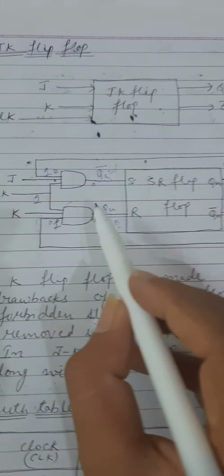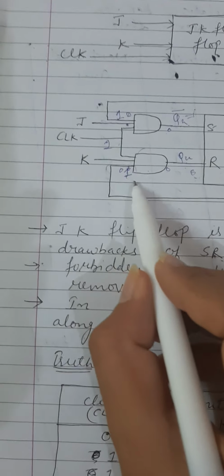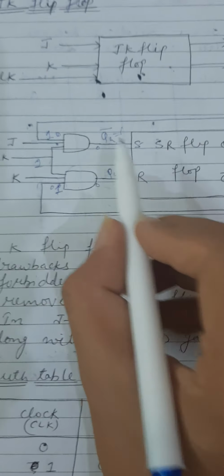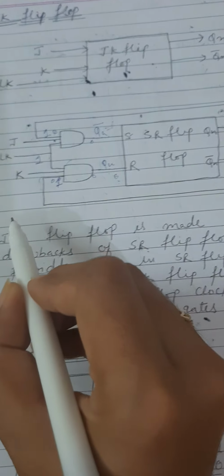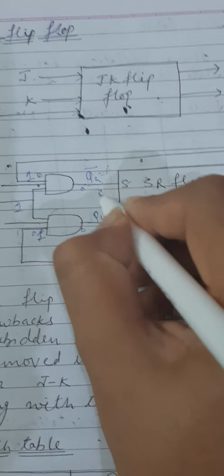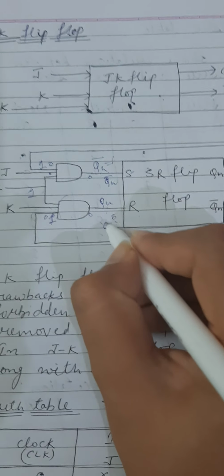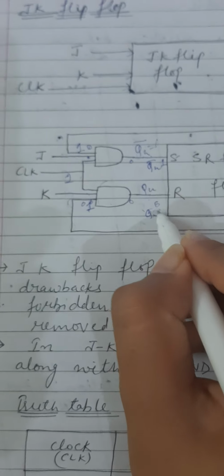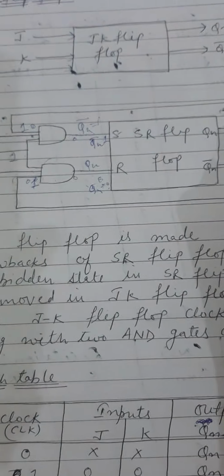And the last case is JK equal to 1 1. Here the value of J is equal to 1 and the value of K is equal to 1, and the clock is already 1. Then the input to this AND gate is Qn complement, and the input to this AND gate is Qn. So here we will get Qn complement, and here we will get Qn. Now we can assume the value of Qn. If Qn is equal to 0, then Qn complement is equal to 1, and for 1 0 the output is 1.